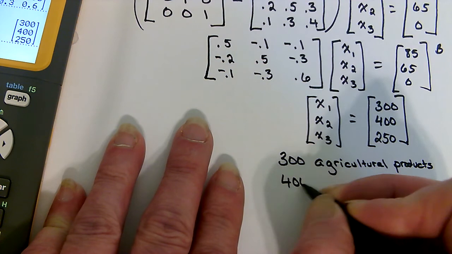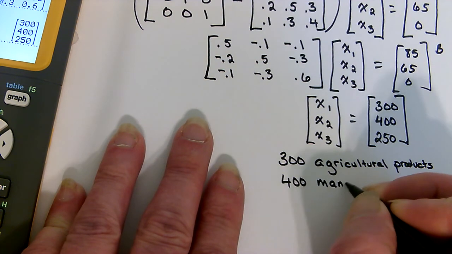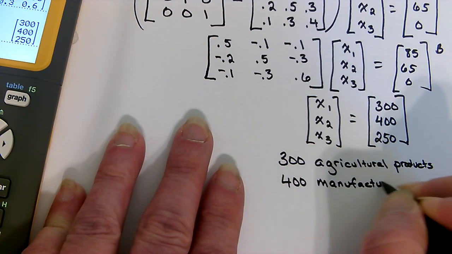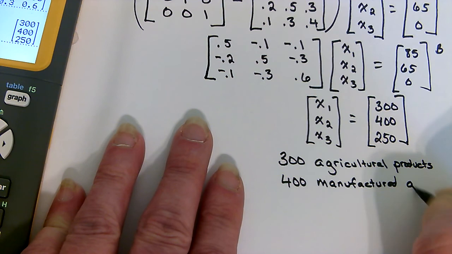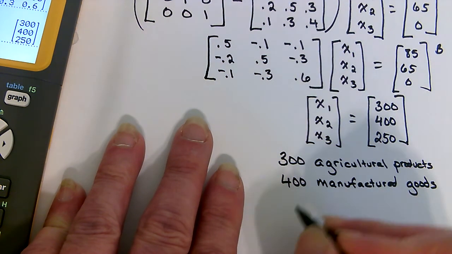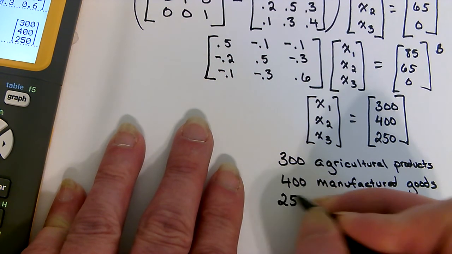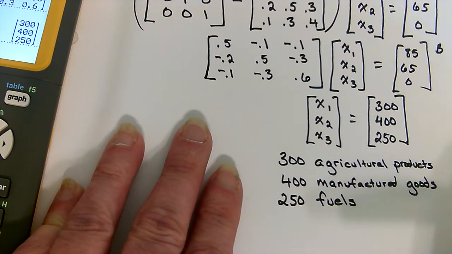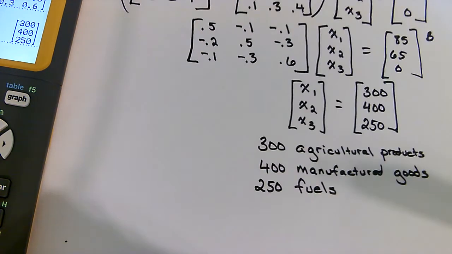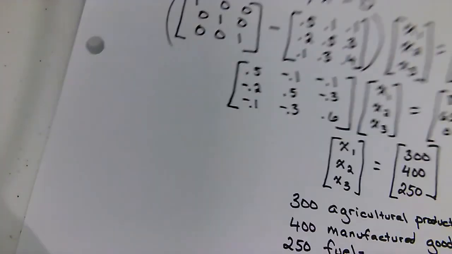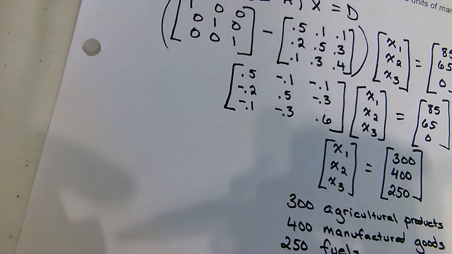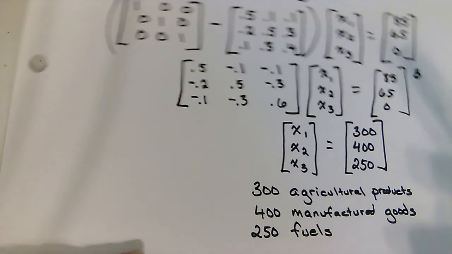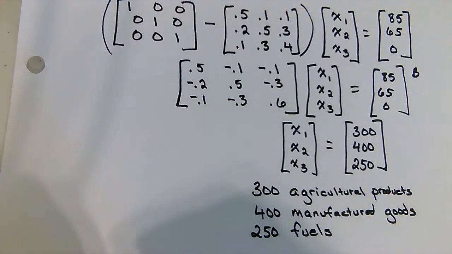I need 400 manufactured goods. And I need 250 fuels. And that's how we can use this matrix to solve the Leontief situations.